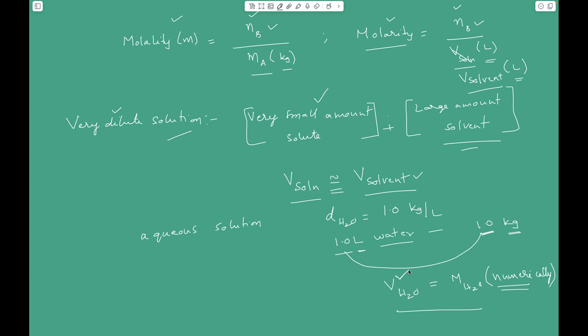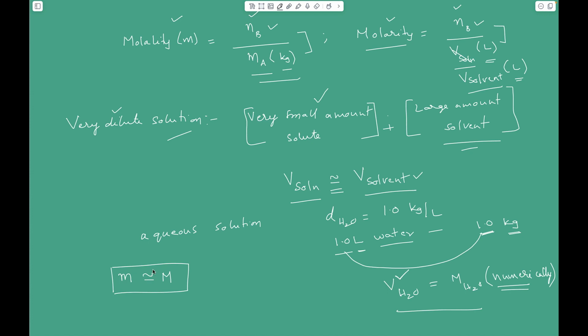So, the volume of water in liters is approximately equal to the mass of water in kilograms. So, their denominators are also approximately equal. Therefore, these two ratios must be approximately equal for a very dilute aqueous solution. So for a very dilute aqueous solution, the molality of the solution is approximately equal to its molarity.